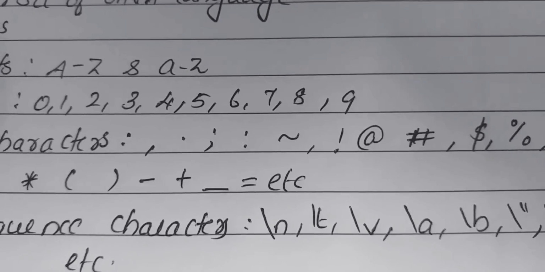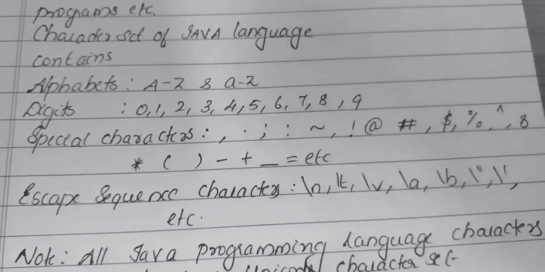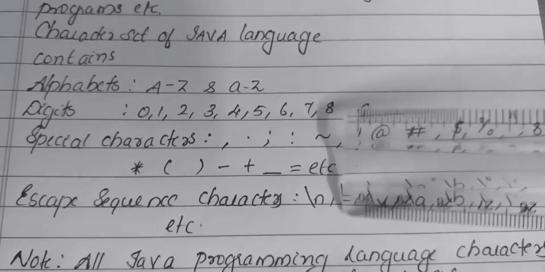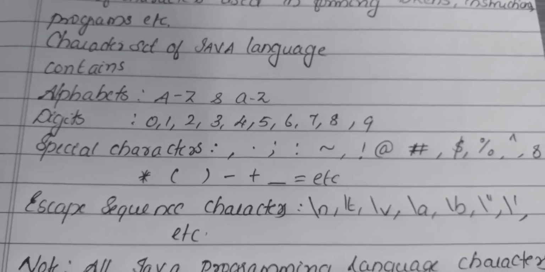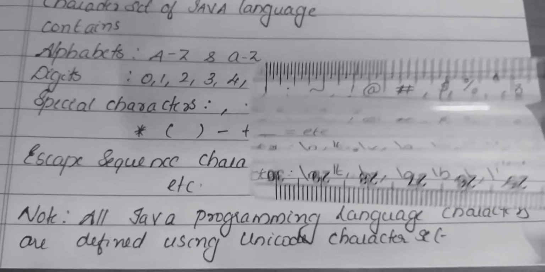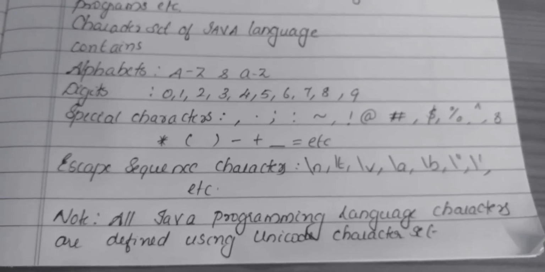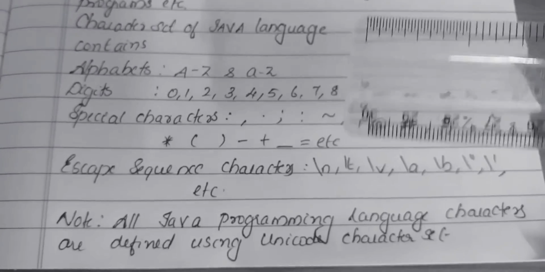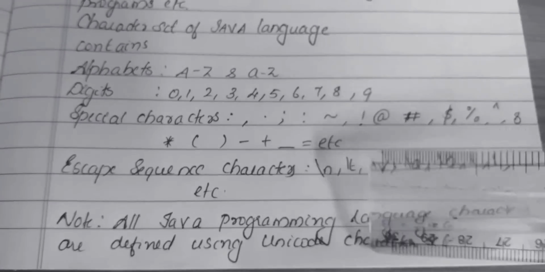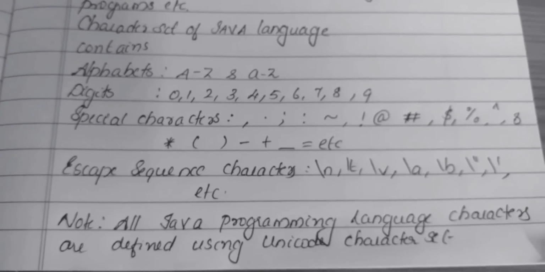Clear? Also, these escape sequence characters are not printable in Java. The most important thing to consider in Java is that all Java programming language characters are defined using the Unicode character set.